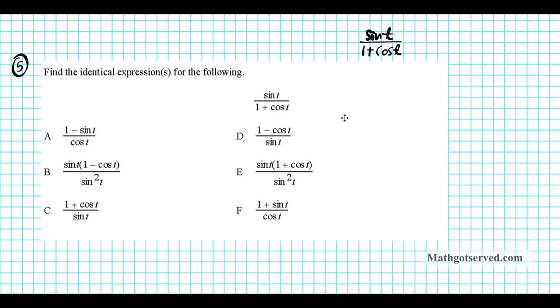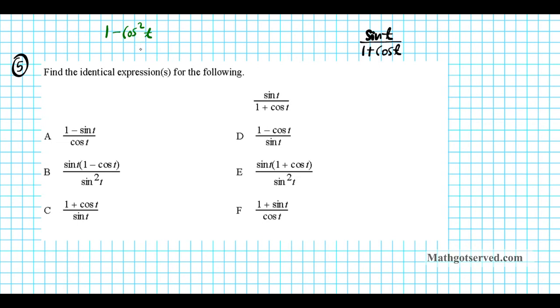All right, so we know an identity that involves 1 and cosine. It's of the form 1 minus cosine squared t equals sine squared t. So can I multiply this by a certain factor to get this? The answer is absolutely yes.